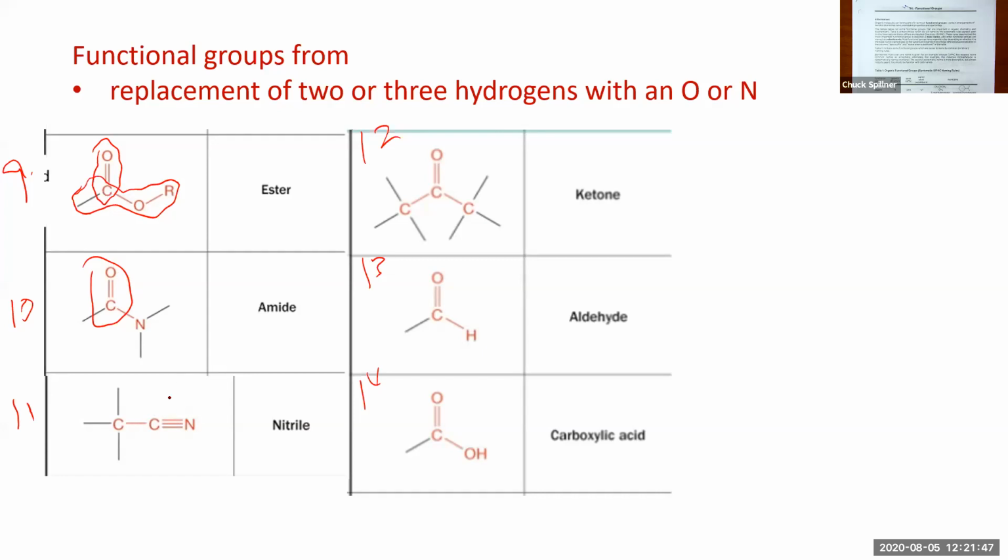This nitrile is more of a compound where we've taken away 3 hydrogens and added a triple bonded N. So it's somewhat related to an amine. In fact, you can take a primary amine and remove the hydrogens and you get a nitrile.